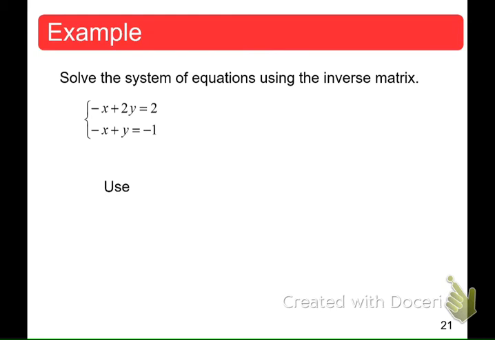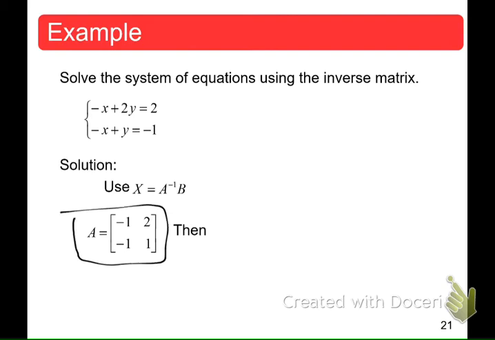So let's solve this system of linear equations using the inverse of the matrix. You might notice that this is the first matrix equation we looked at. But this is also the AX is equal to B here. So let's write the matrix equation.